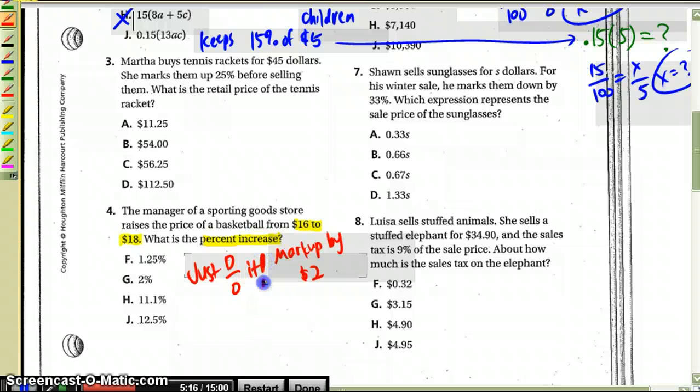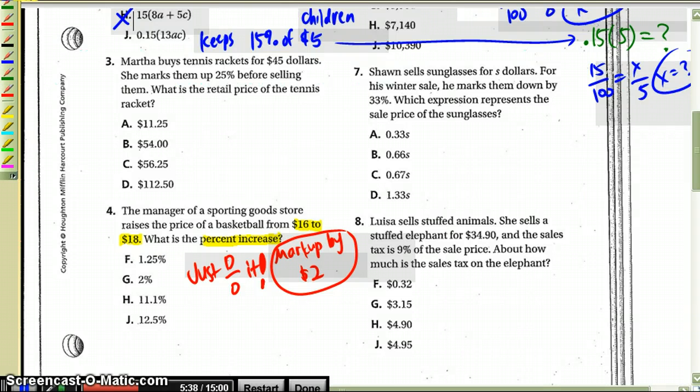Okay, now of course I'm just telling you what to do, but how do I know that I'm using the just do it strategy? Because I'm finding a percent of the increased amount. I know I'm being marked up by 2. If I want to use a proportion, I can, just like I've been doing all week long.